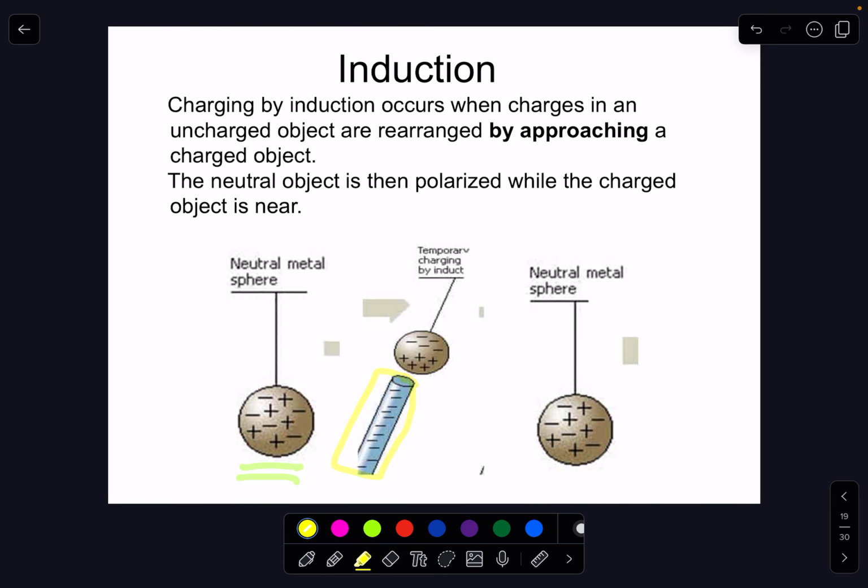We are approaching it, and notice here there's no transfer. Those electrons are essentially rearranging themselves. They're moving away from the negative rod, which makes it polar. So you have a positive side and a negative side. And then if you take that away, if you remove that, it goes back to neutral again.